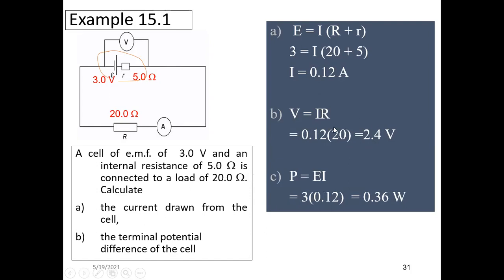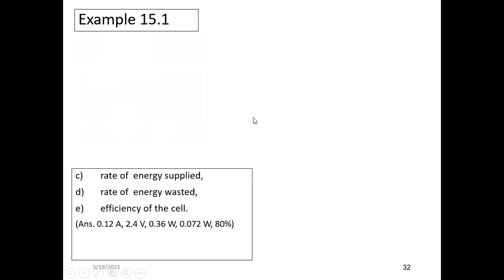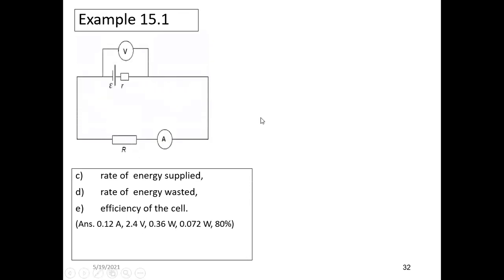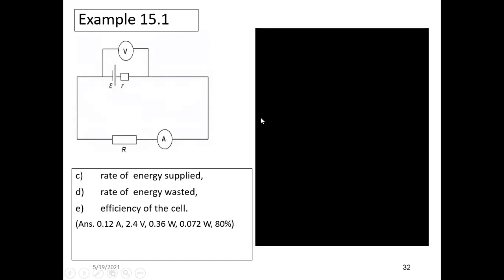Not this one. This one. That's your E times your current. The EMF. That's the EMF, right? We have calculated rate of energy wasted. We have to calculate all that. I'll send you the exercise. You can download it yourself so that you can do it on paper itself.